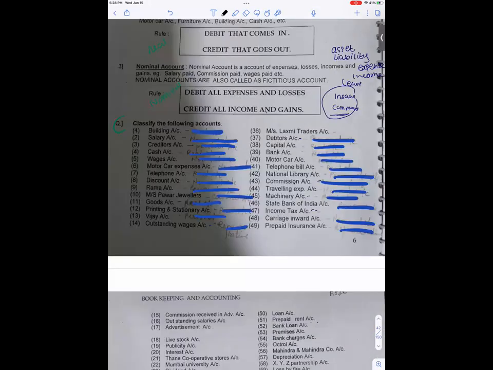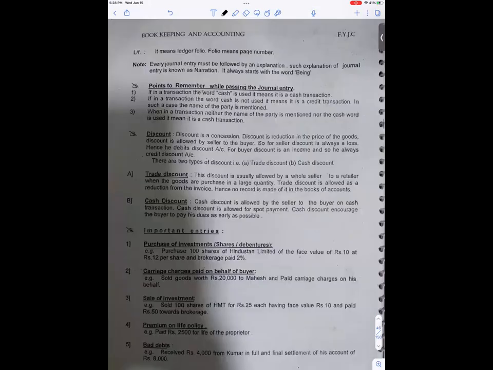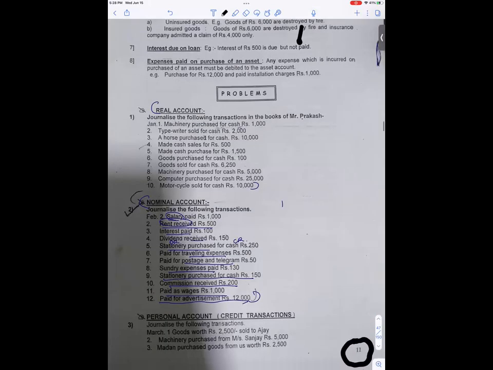Now, keeping this in mind, we will try to solve some journal entries. First 10 journal entries. Just read and solve.